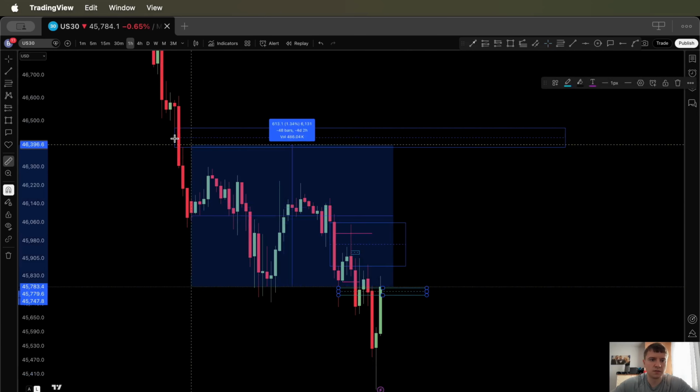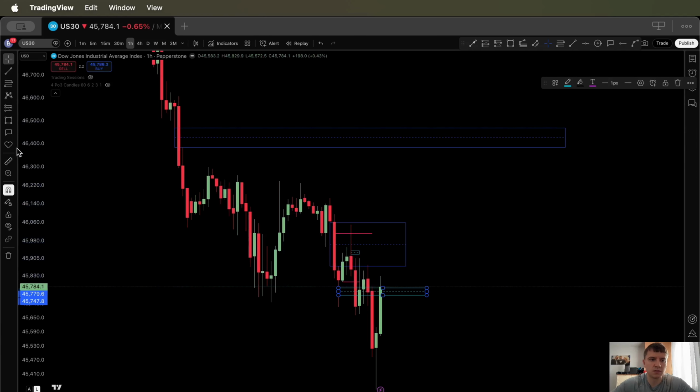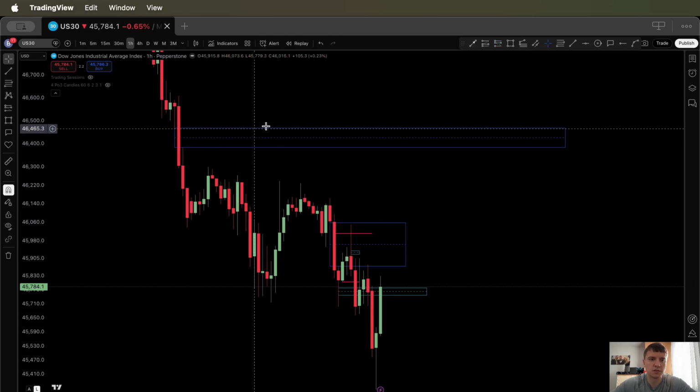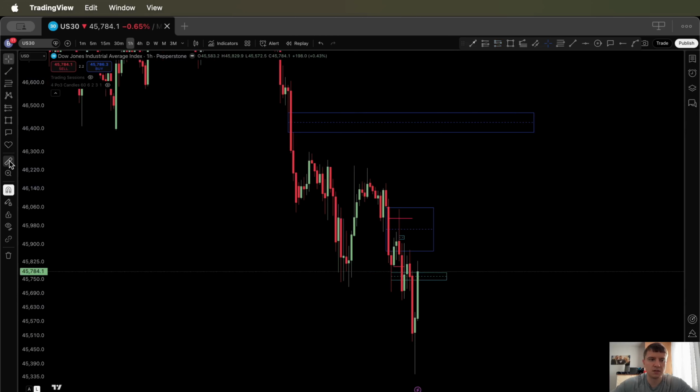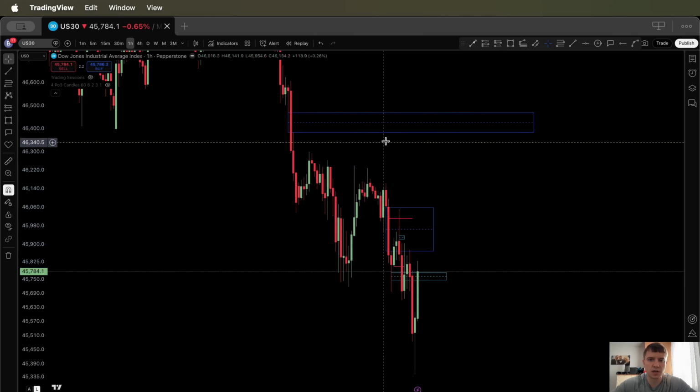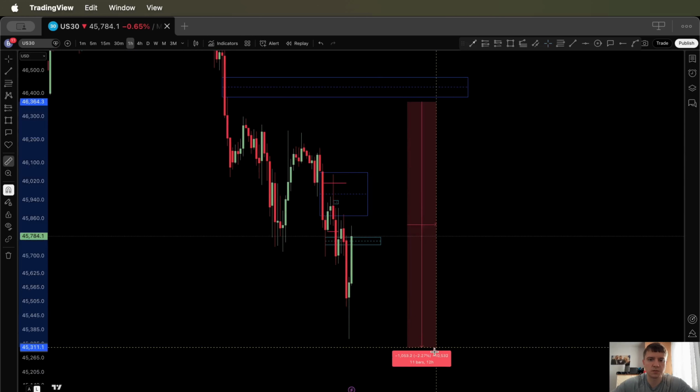And then we have this hourly gap as well here, you see. So this is something to watch out for. I think the idea could be that we're going to open up this week, go into this hourly gap, and then simply collapse once again.